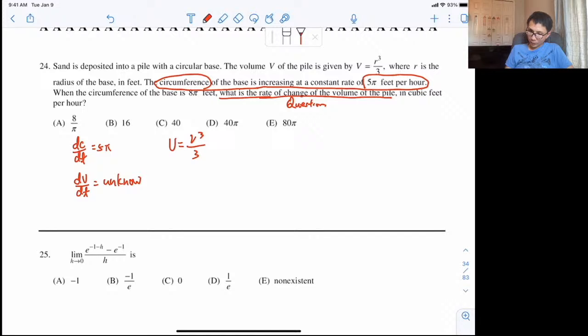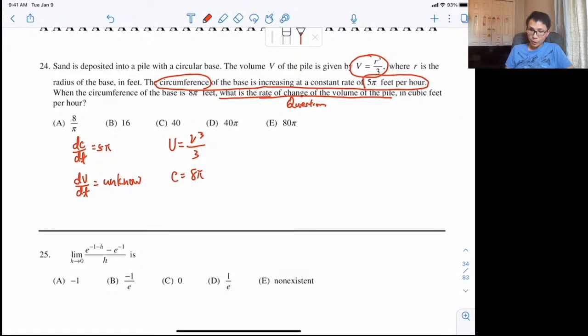And what else? One more thing we haven't used yet. The base is circular. What else? There's one more number we have. What is the 8 pi? The circumference. So C equals 8 pi, right?